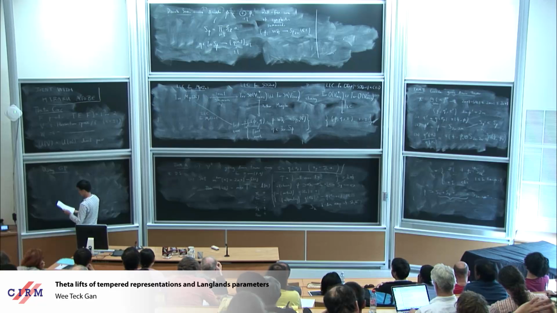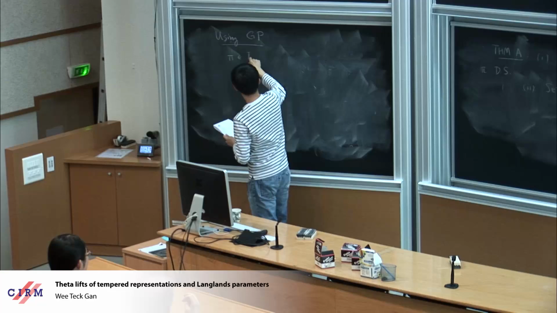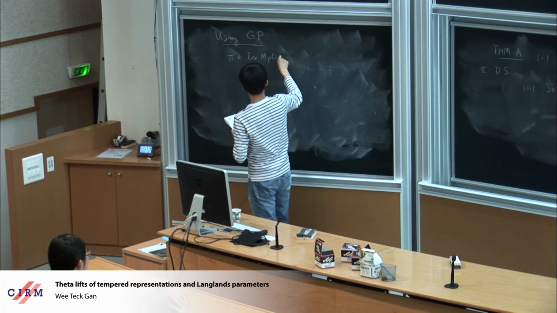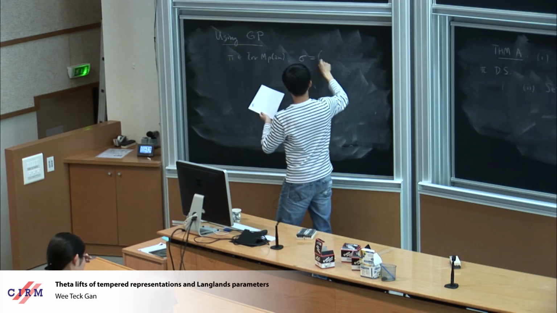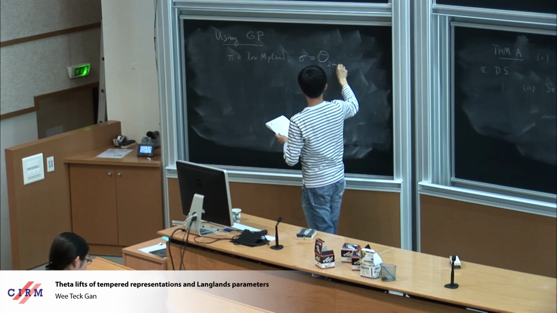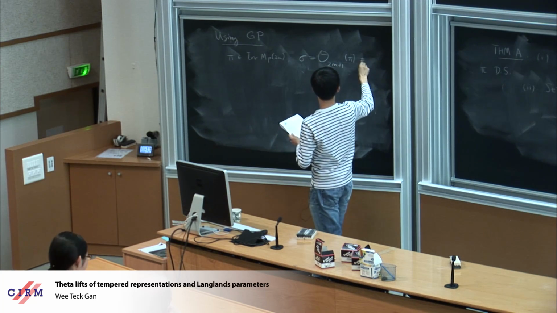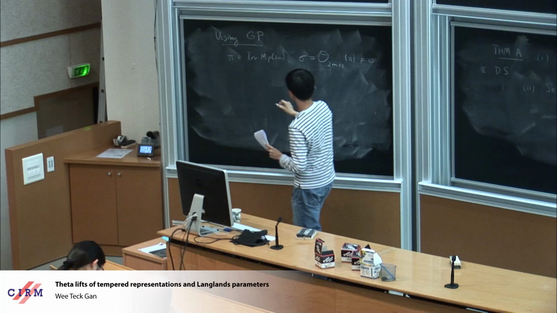Okay, so I have pi on MP2N. So let sigma be the theta lift that I am considering. It's not 0. Okay, so now I'm going to draw a seesaw diagram.